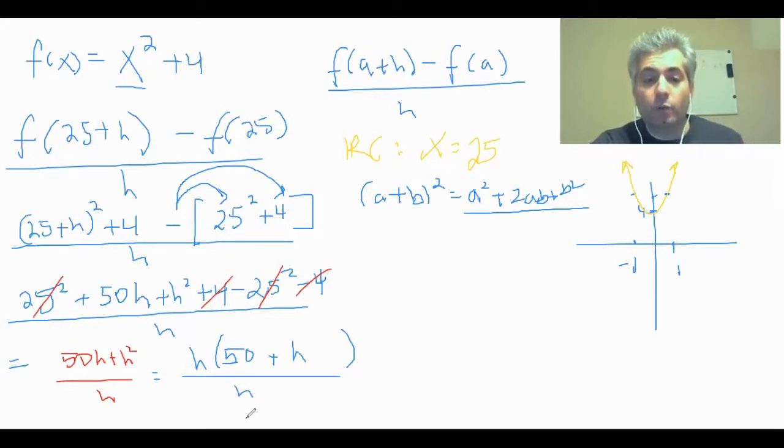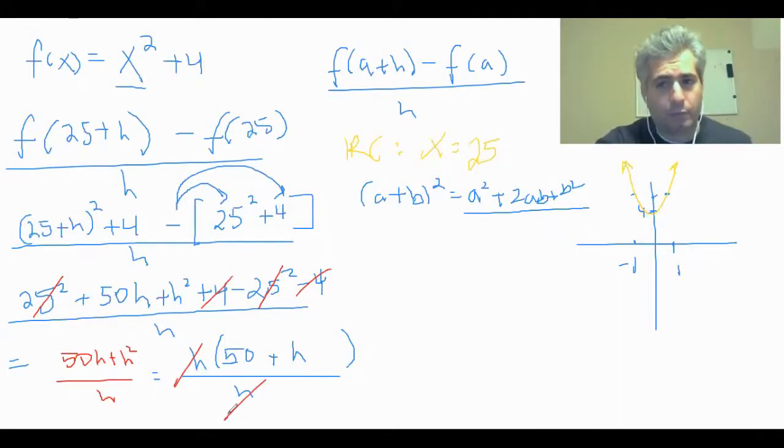Now I've reached a point where we can cancel out h. We have h as a factor in the numerator being multiplied with 50 plus h, and in the denominator, we have h. So h divided by h gives you 1. So we successfully canceled out the h in the denominator, and that's what we want to do.